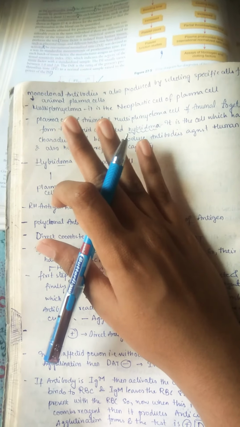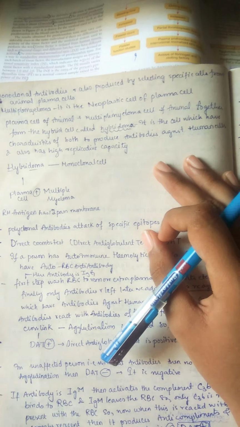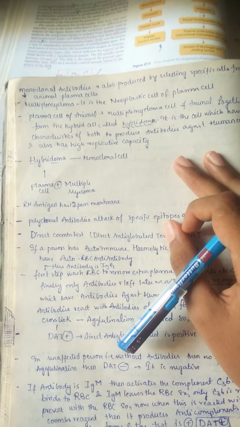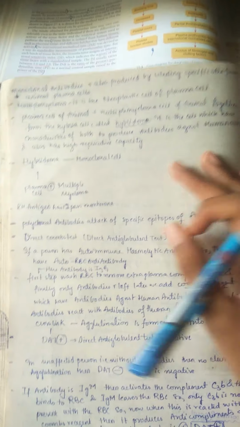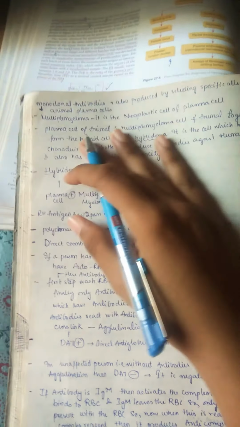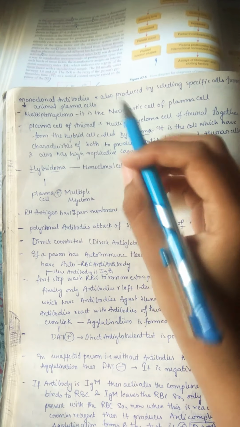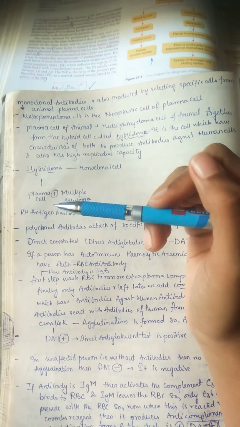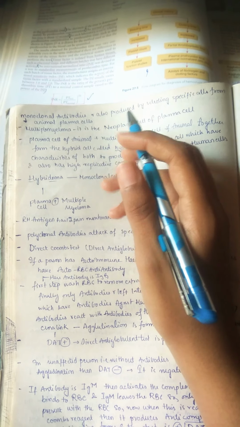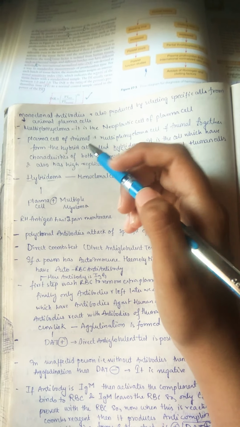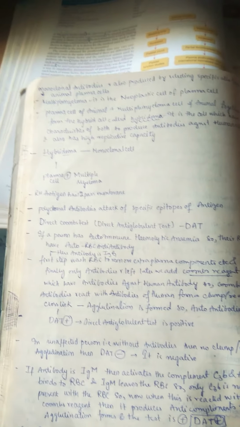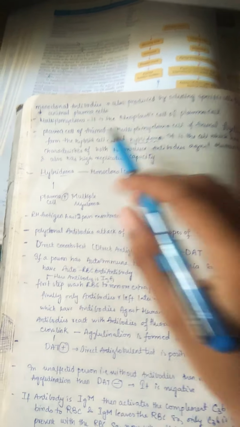Monoclonal antibodies are also produced sometimes, by selecting specific cells from animal plasma cells. Multiple myeloma is a neoplastic proliferation of plasma cells, meaning it has the capacity to proliferate highly. We take the monoclonal antibody, that is, an antibody against the RBC.